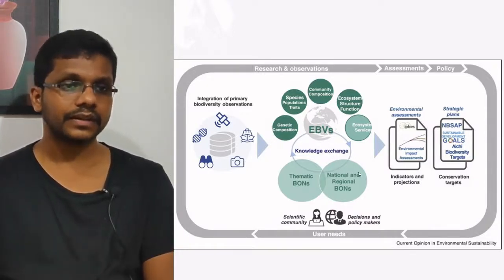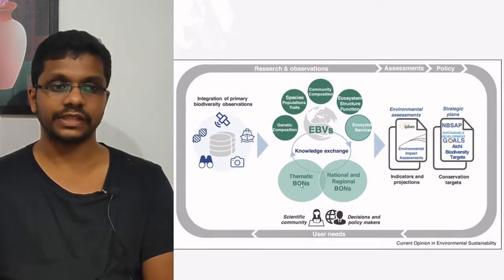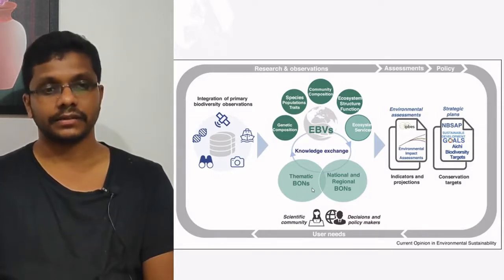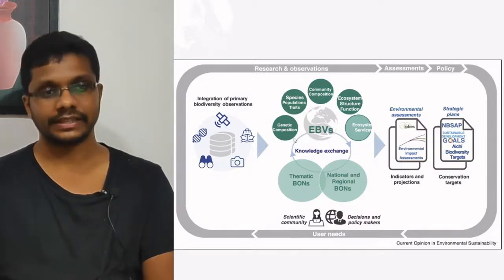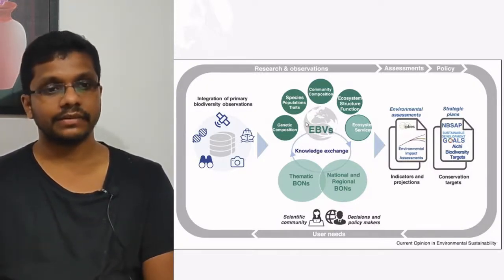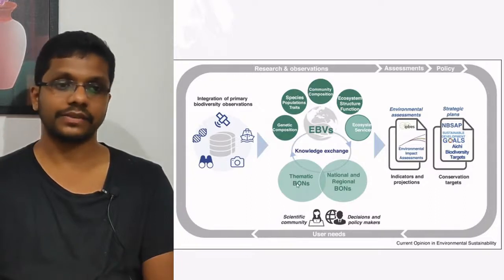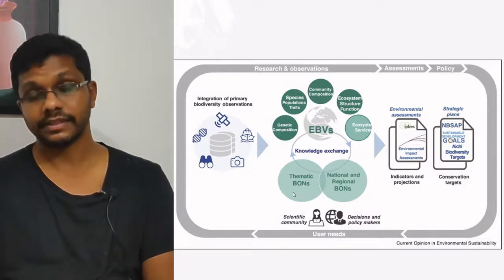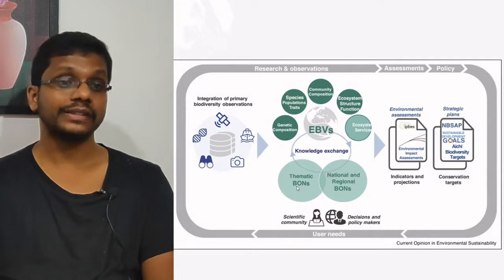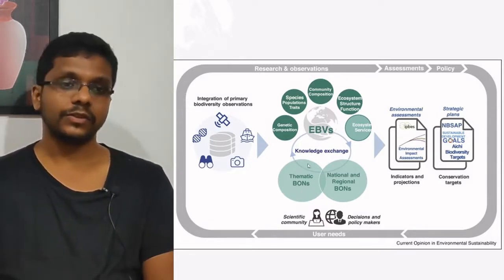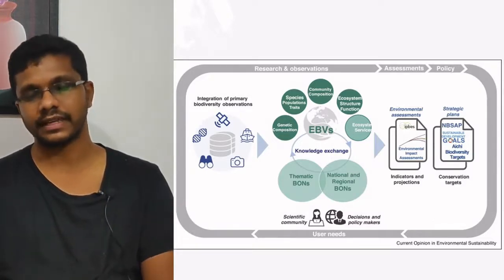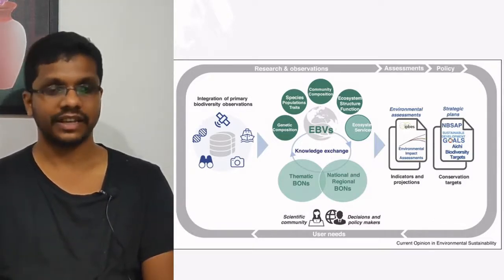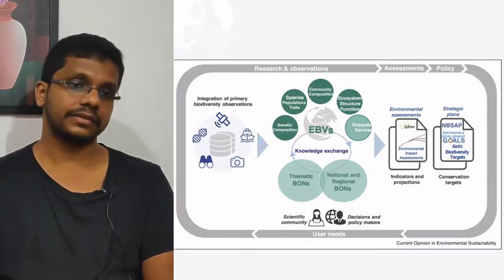So these EBVs are generated in association with the biodiversity observation networks. So there is a constant knowledge exchange between the EBVs and the biodiversity observation networks. The biodiversity observation networks are called BONs. There are thematic BONs. Thematic BONs means they are based on particular themes like bird watching or butterfly watching groups.